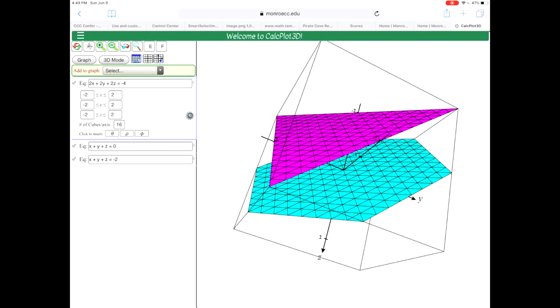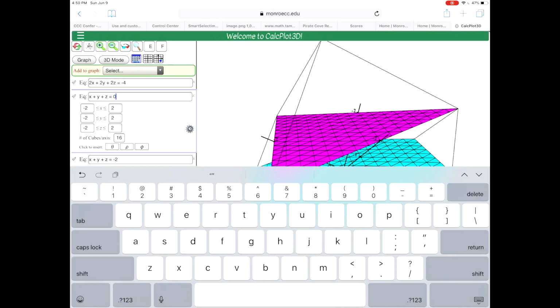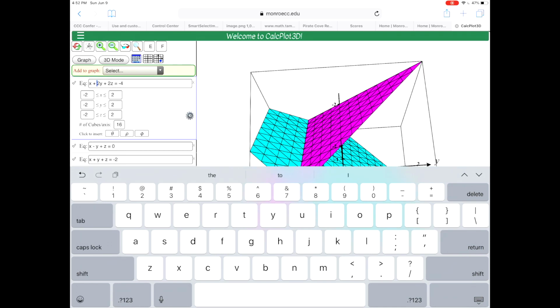And another way that planes can connect two at a time is where you've got one plane that kind of cuts through the other two planes. I'll do a minus here. And you did change this back to the first, like we had it at first.